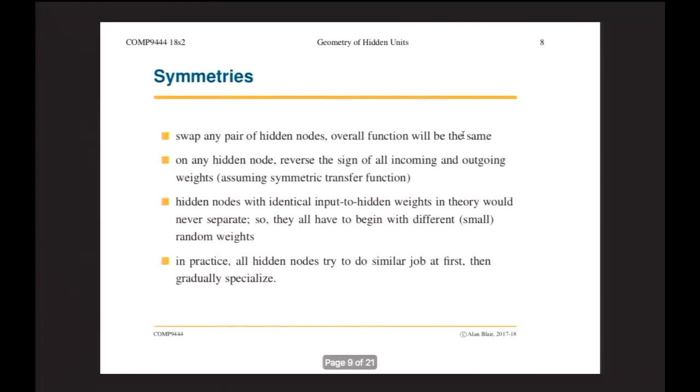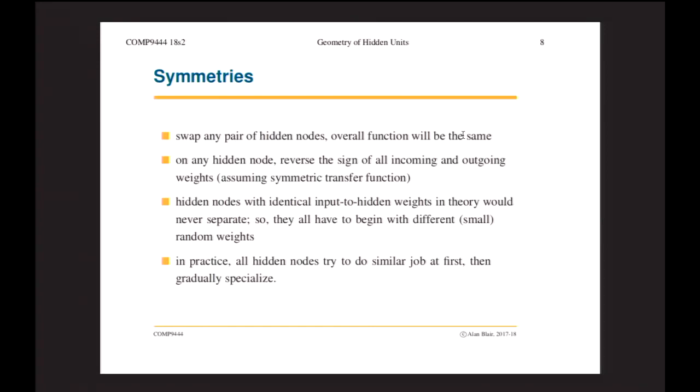Okay, so what else can we say about the network geometry, or the geometry of these activations? Well, there are a lot of symmetries in these networks. Suppose you have a network with 10 hidden nodes.